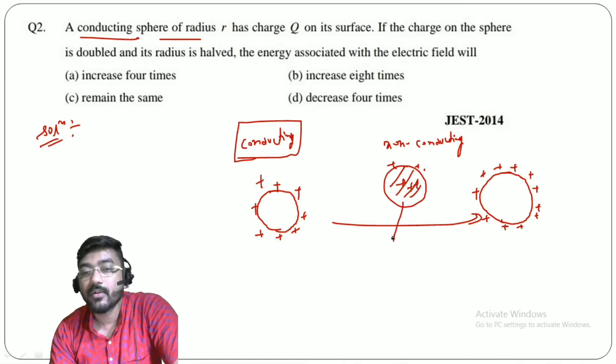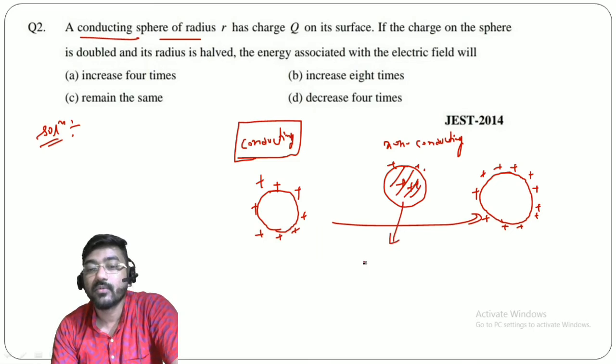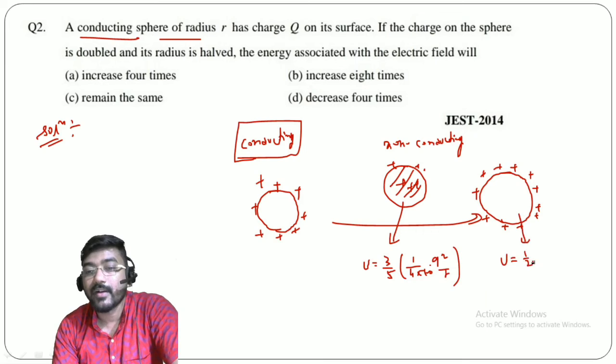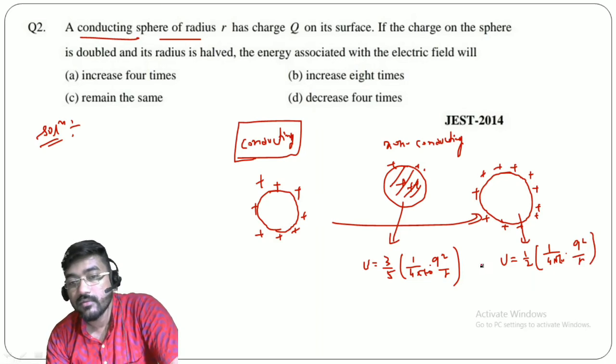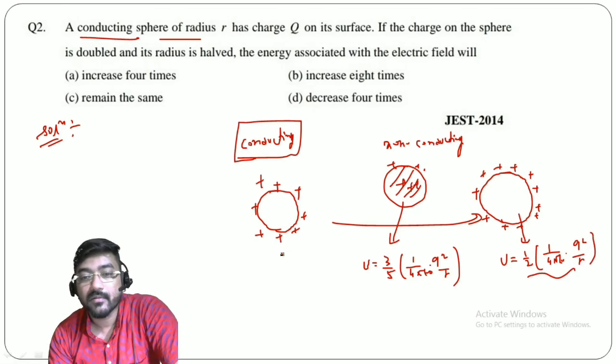We have a result for the non-conducting solid sphere, U is equal to 3 by 5 into 1 upon 4 pi epsilon naught into q square by r, and for the shell we have half into 1 upon 4 pi epsilon naught into q square by r. Now you can use this result here.